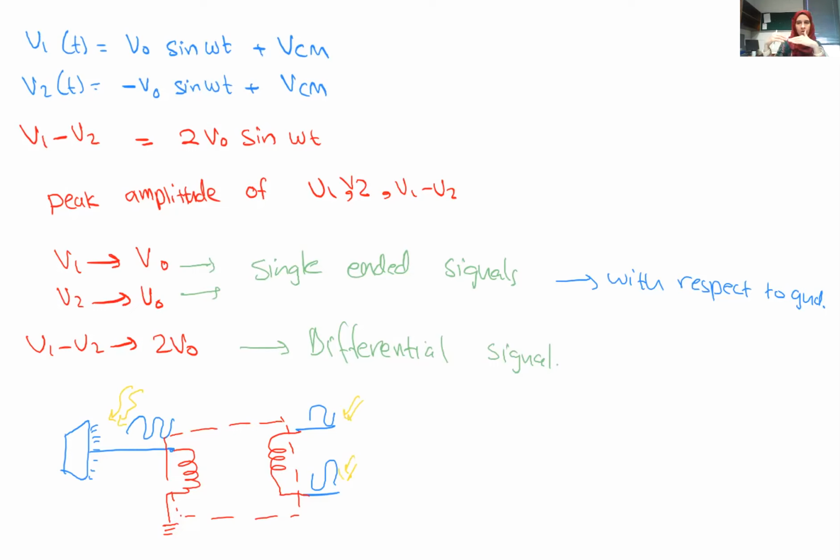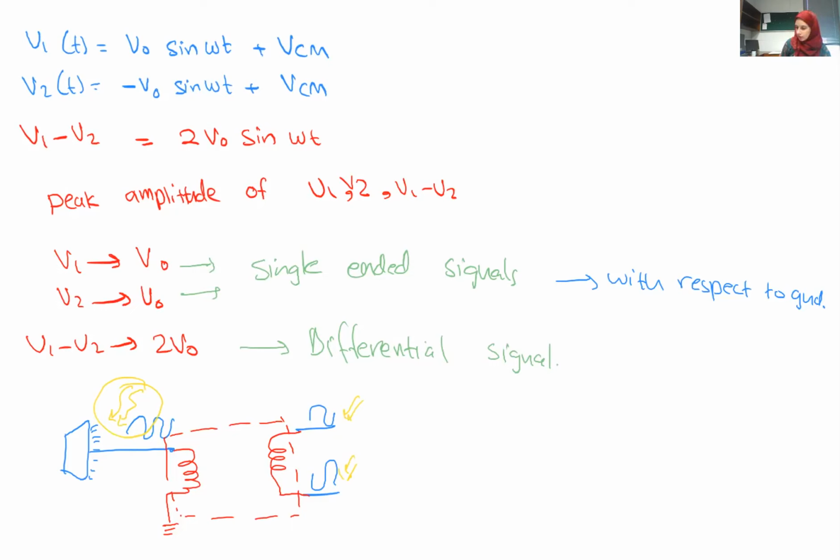And if there is noise common to both of them, then it will be canceled out. While if anything comes in before converting the signal into differential, there is nothing that we can do. We have lost our signal.